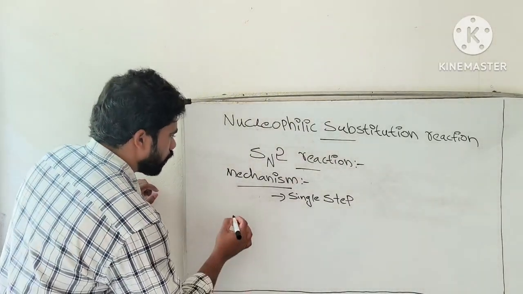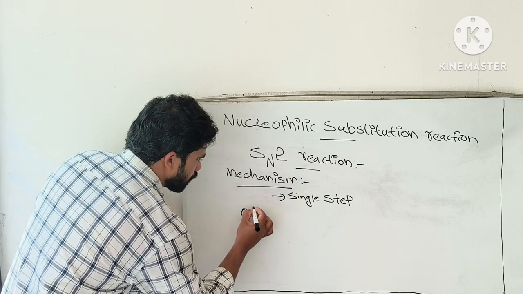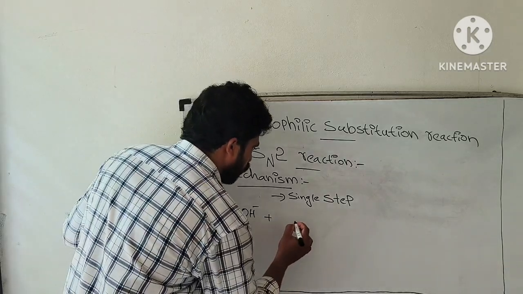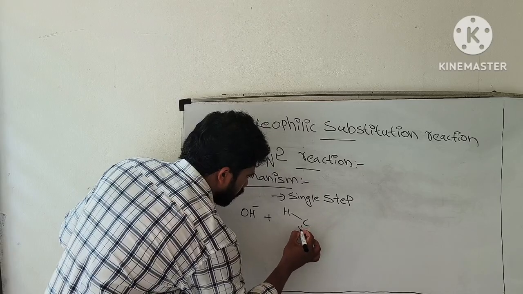Okay. So here I put a nucleophile, that is OH minus, and we have chloromethane, CH3Cl.